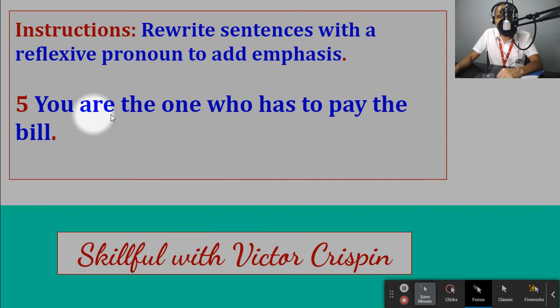Number 5 says, you are the one who has to pay the bill. All right. Now we have to choose a reflexive pronoun in order to add emphasis to this statement. I'm going to give you 20 seconds. Think about it and choose the appropriate reflexive pronoun.